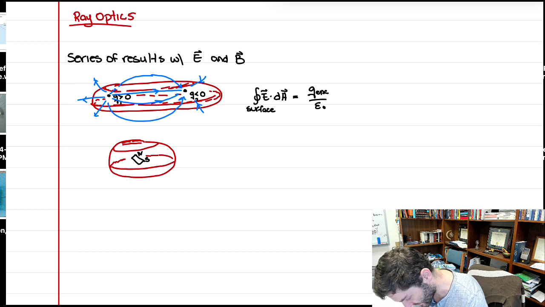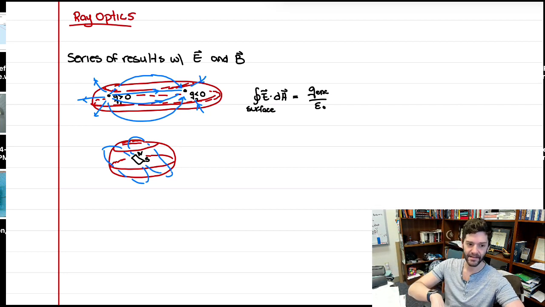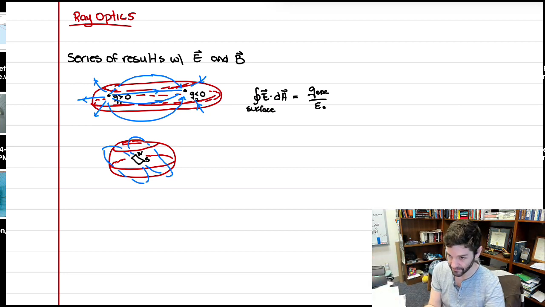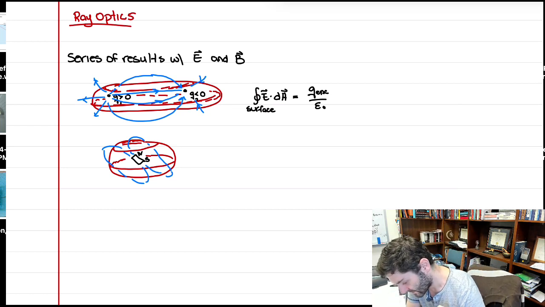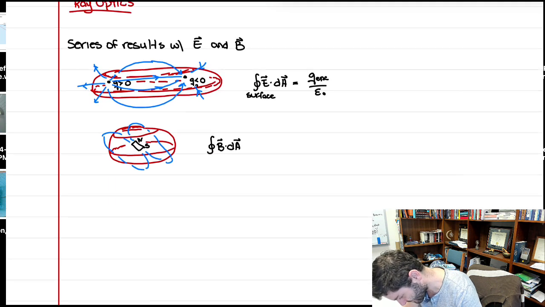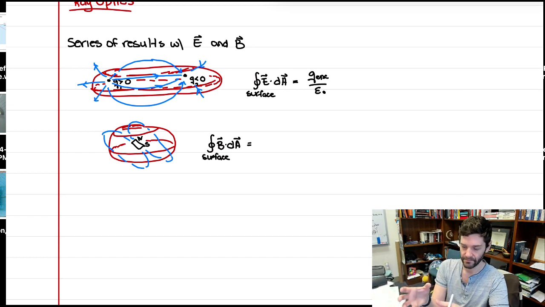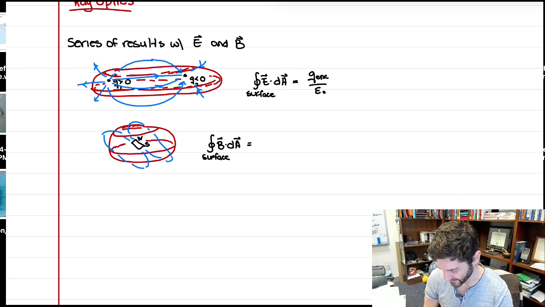And as a result, we saw that magnetic field lines always come in loops. So there could be, say, field lines that can come up out of the surface, maybe go into the surface. But no matter what happens, the amount of magnetic field lines that go out always are matched by the magnetic field lines that come in. We could write that in a Gauss's law sort of argument as saying that the total magnetic flux through the surface is related to the amount of magnetic charge, in quotes, that's enclosed.